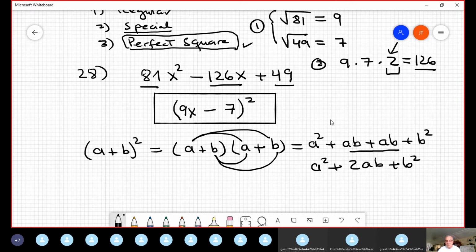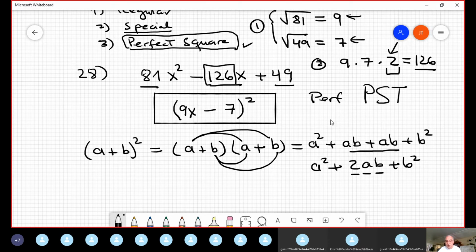This is the reason that we multiplied a and b, in our example 9 and 7, and multiplied by the extra 2, it was here. So you get the number in the middle. In our example it was 126. You prove it's a perfect square trinomial. Let me put an acronym.